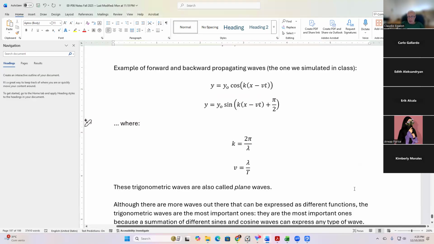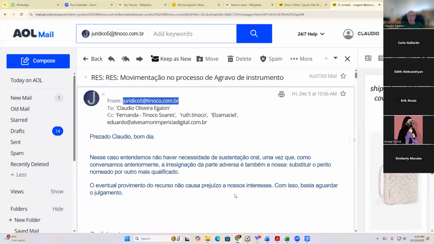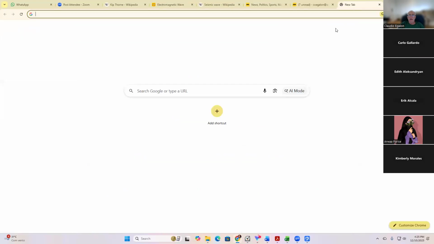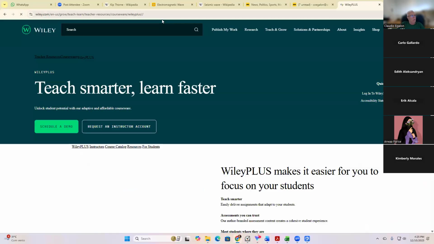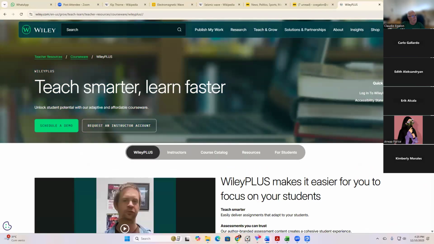Let's take a look at the book. What we are doing here, I'm also going to chapter 16. Here you go. Let's see. How do I quick access login?